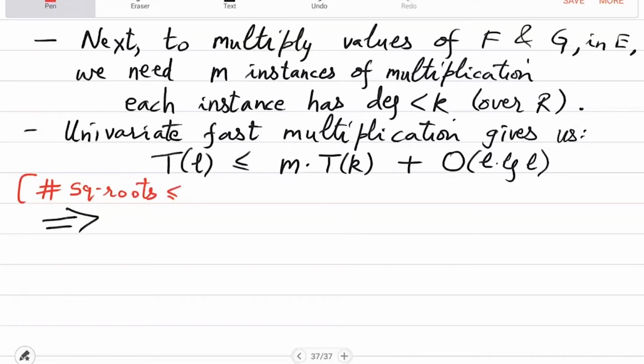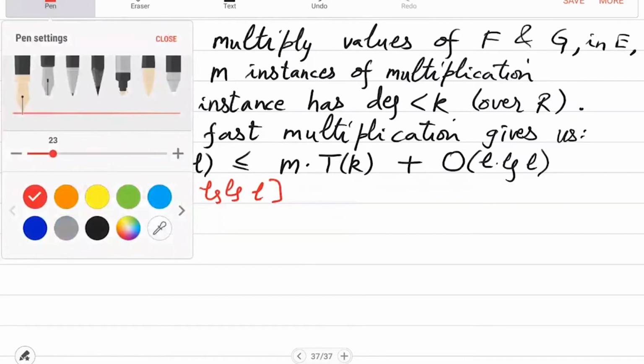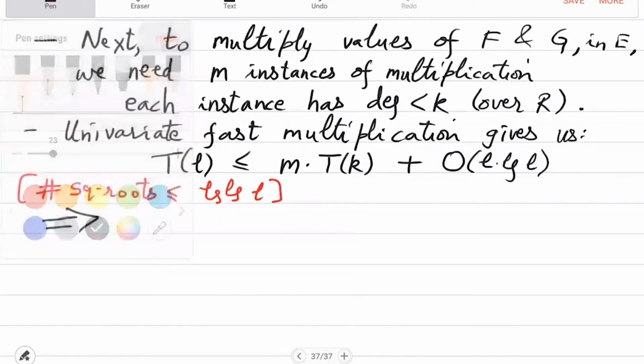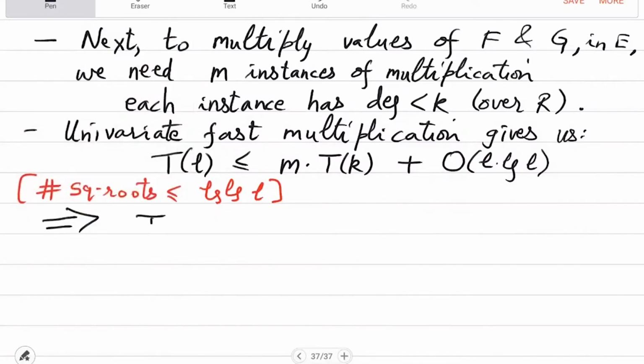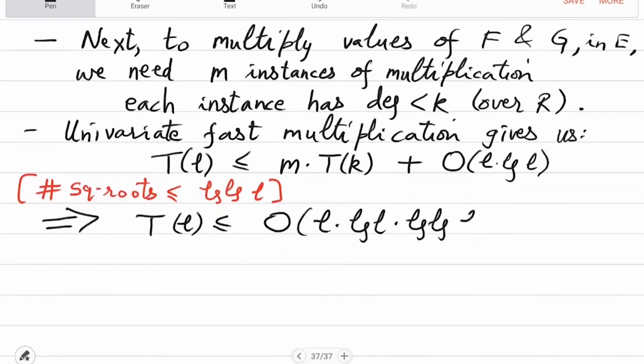So that is log log L. So this is a good example of a simple problem where you get a function log log L, right? So you get T(L) to be L times log L times log log L.